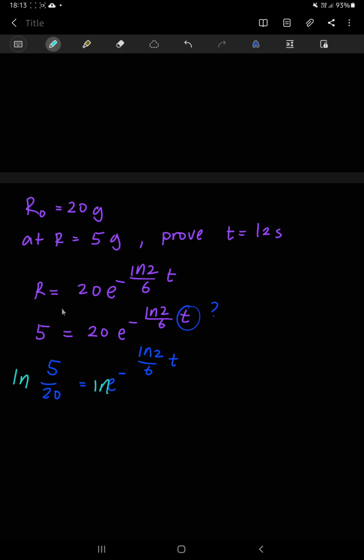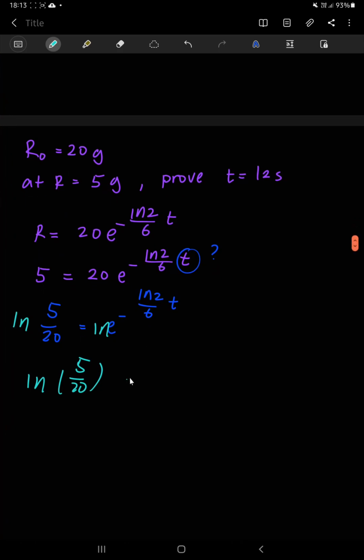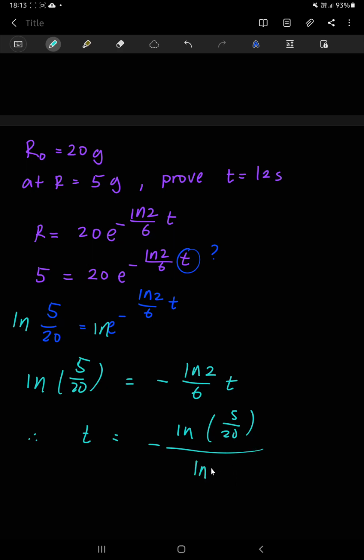So the e will cancel. So ln 5 over 20 equals negative ln 2 divided by 6 times t. Hence t is ln 5 over 20 divided by negative ln 2 over 6.